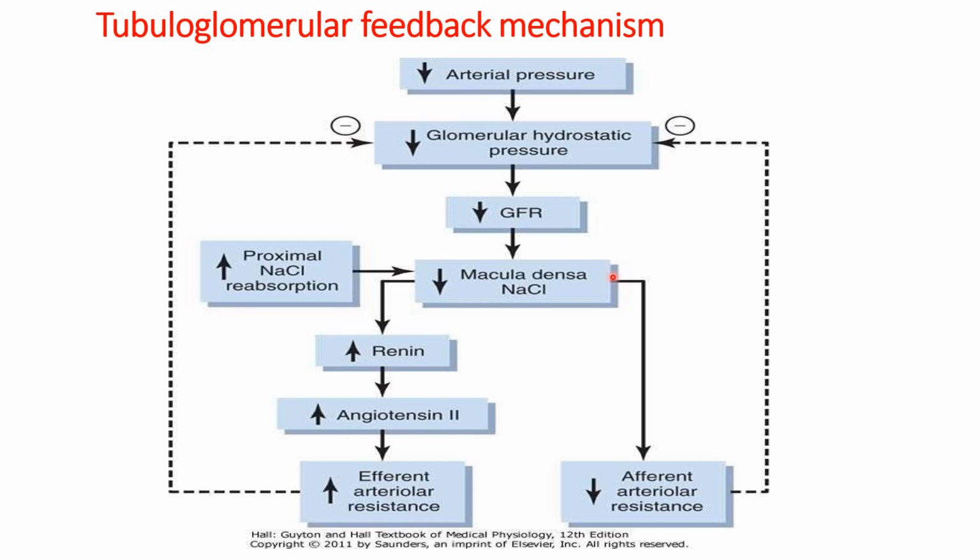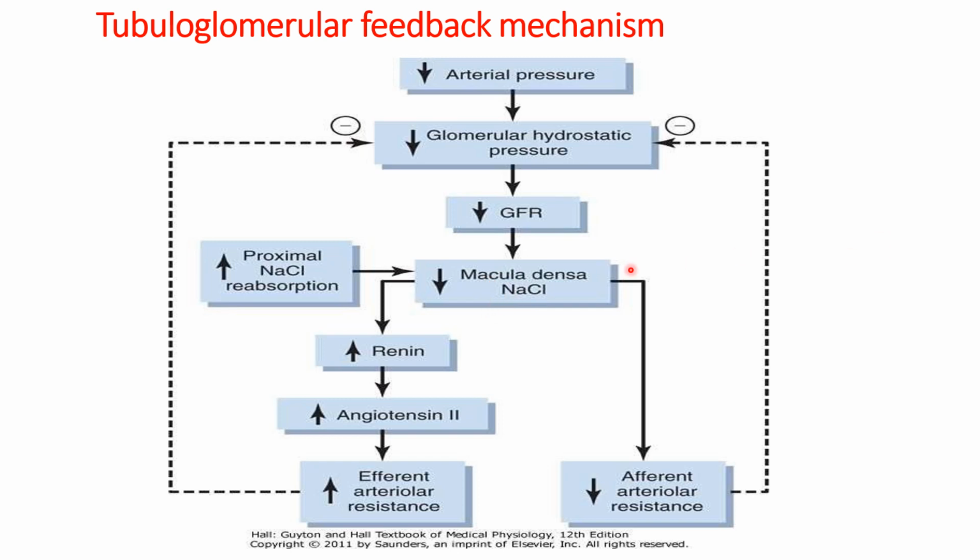On the other side, decreased sodium chloride at the macula densa will lead to decreased afferent arteriolar resistance, so the glomerular hydrostatic pressure does not decrease once the afferent arteriolar resistance decreases. Sodium chloride reabsorption also increases from the proximal tubule, so the macula densa sodium chloride will be decreased.